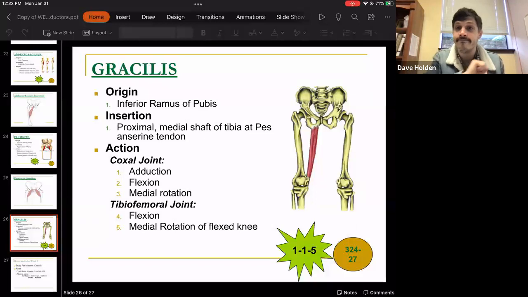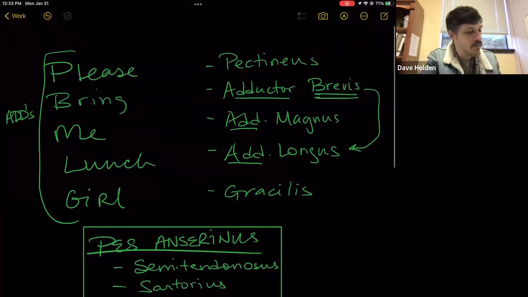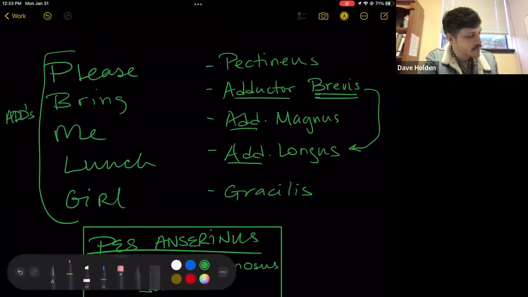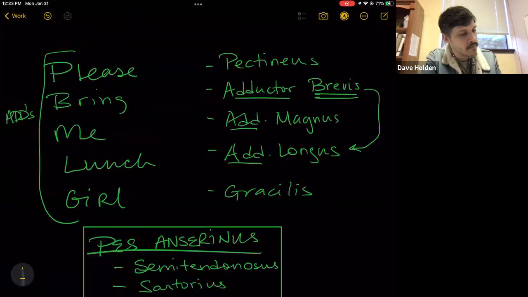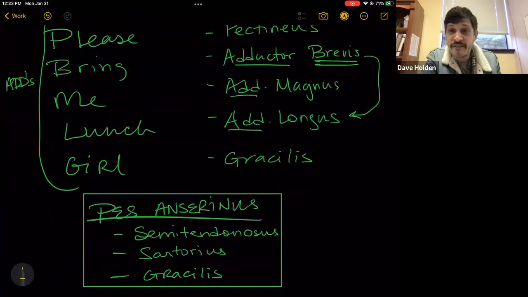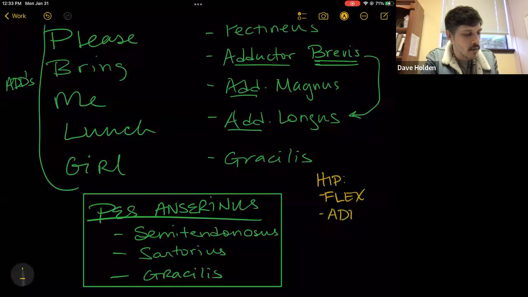So we've got all 5 adductors. Of these 5 adductors that we have talked about, I'm going to change color here. All 5 had the same basic actions. Those were hip flexion, hip adduction, which is inferred because they're all called adductors, and medial rotation.